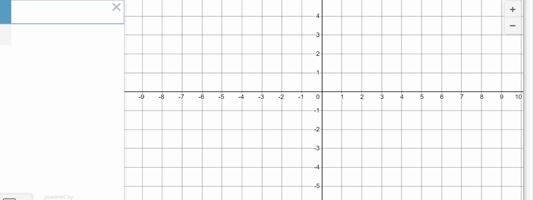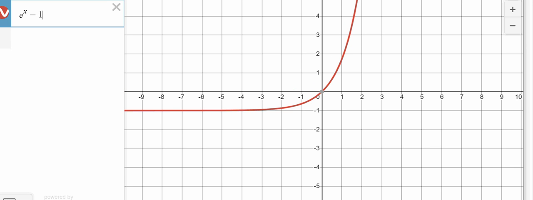So you would hit the letter E and then do the power, shift 6, right? Now you've got to do a parentheses because you've got to do an x minus 1 up in the power. Watch what happens if I don't. So I'm up in the power, I hit x minus 1. It automatically bumps that minus 1 down outside of the power, and we need it to be inside.